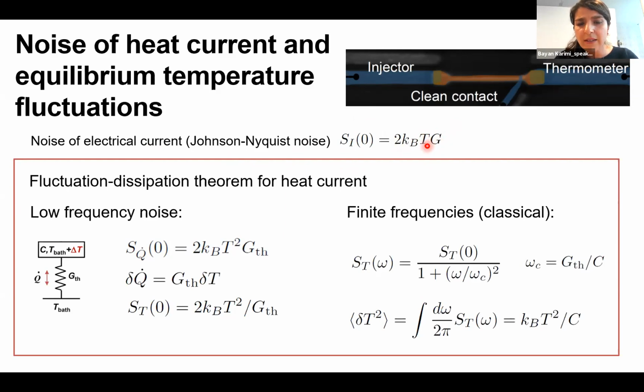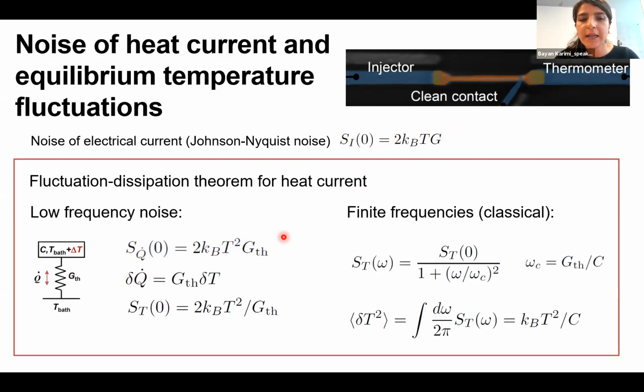Now, if we make again a one-to-one correspondence to our heatronic structure, in the low frequency regime it is given by this equation. Why T squared? Because now we are talking about the energy, not the current.